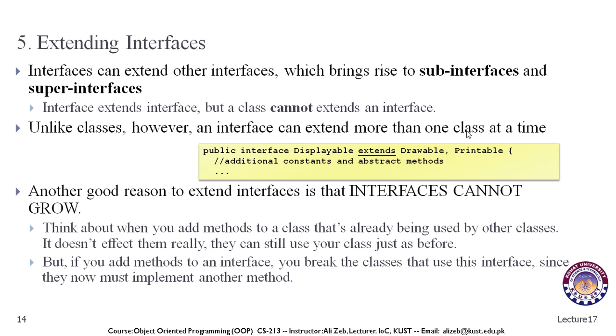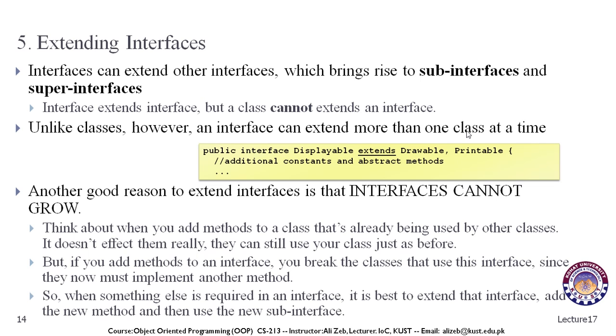So for example, you have maybe 1,000 classes that are implementing an interface, and you add another method to that interface. Now you will need to change all of those 1,000 classes in order to implement that one method that has just been added to your interface, and this can be a problem.